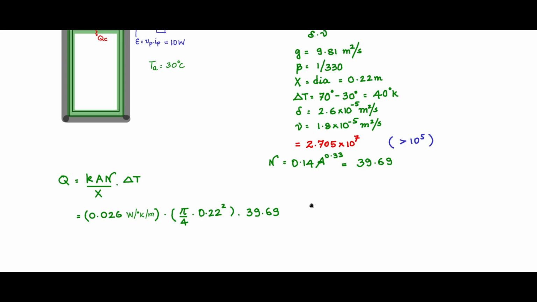Nusselt's number 39.69 into 40 degrees Kelvin as the delta T divided by X, which is 0.22. So this works out to be around 7.13 watts. So this 7.13 watts is the heat flow out of the top of the cylindrical aluminum block. We will call that one Q top for now.